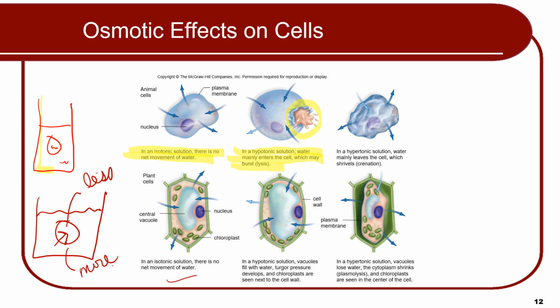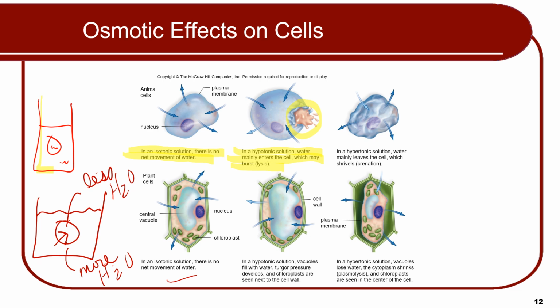It means less solute. And so if there's less solute, there's more water. So there's more water outside than inside of the cell, and water will move into the cell, and animal cells can actually burst.